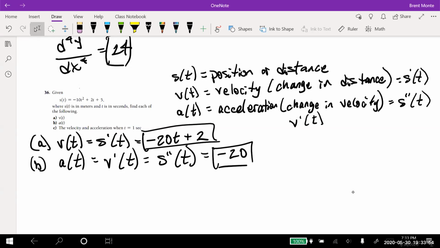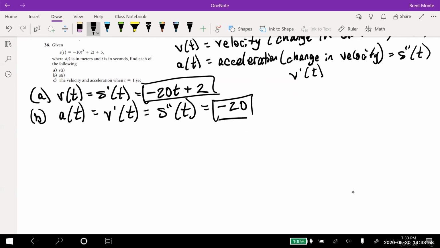And then it says, find the velocity and acceleration at t equals 1. So for C, my velocity, that means how fast am I going after 1 second? Well, it's negative 20 times 1 plus 2. So negative 20 plus 2 is negative 18. And that's in meters per second.